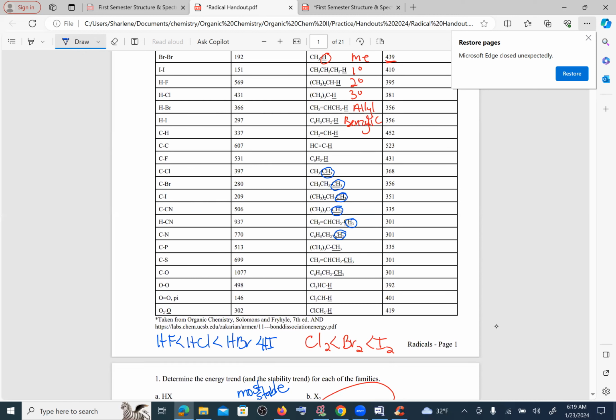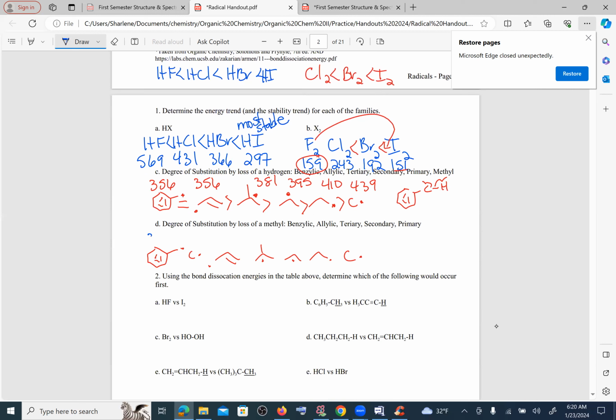And I have 301. And oh, look, 301. I'm going to erase that just so it doesn't look like I'm putting the methyl in the middle. All right, my tertiary is going to be 335 and 351 and 356 and 368.